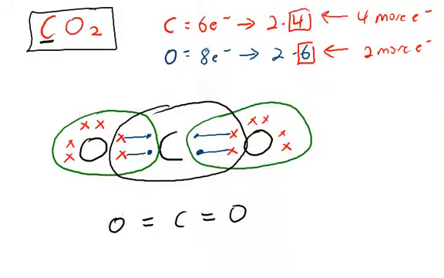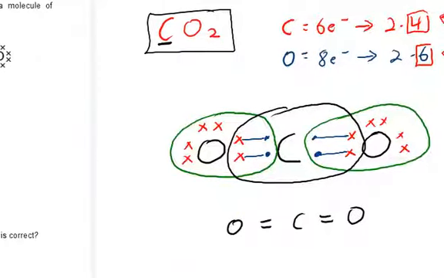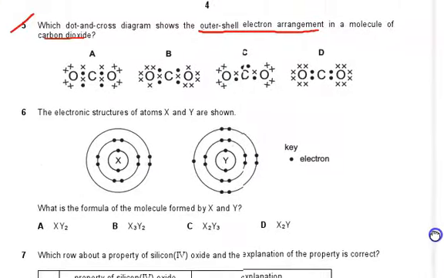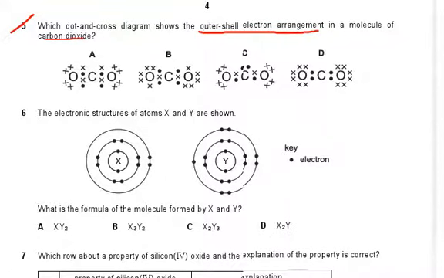Now let us look at the answers. For B, this is not correct, it's wrong. Look at C, it's incorrect.